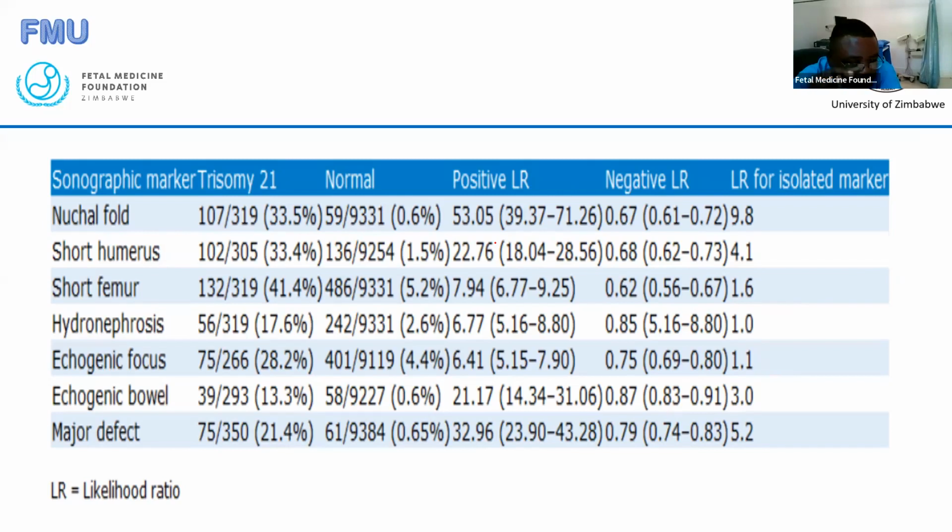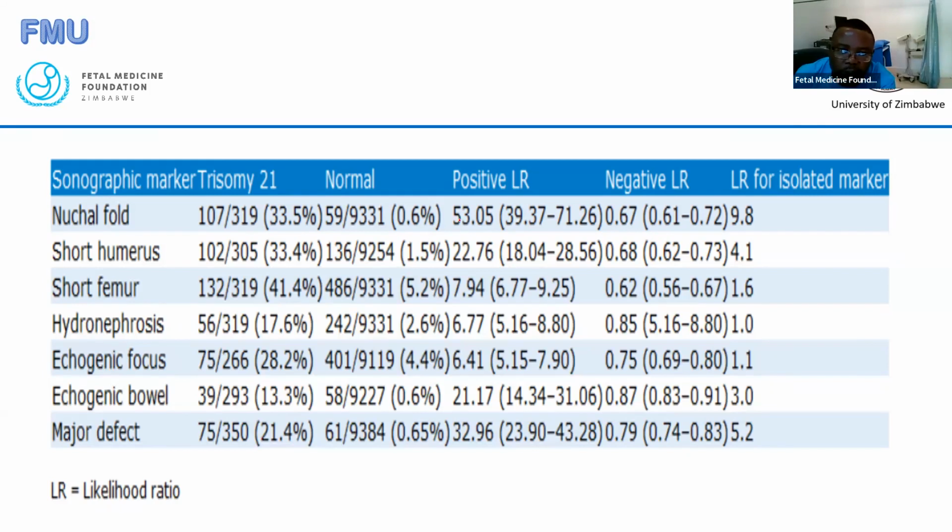This is why you have to check everything. To get the likelihood ratio, if we only have nuchal fold and everything else is normal, how do we come up with a likelihood ratio that will allow us to change the a priori risk that we obtained in the first trimester? Let's assume that there is no short humerus, no short femur, no hydronephrosis, no echogenic foci, no echogenic bowel, and no major cardiac defect.